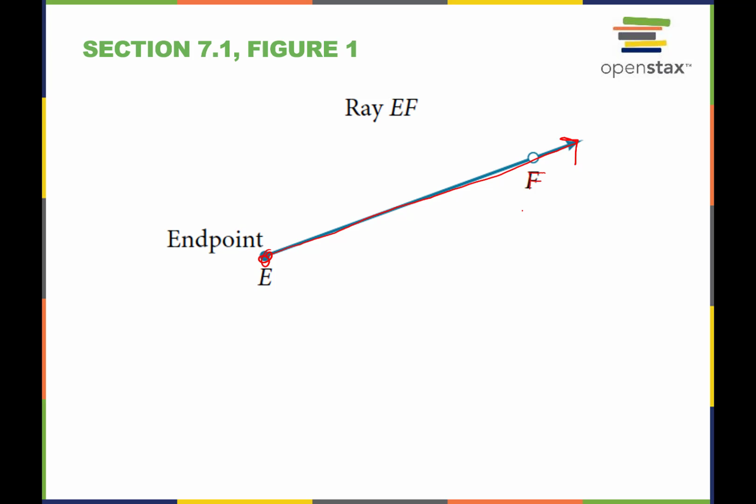Now, the order is important in which we write EF. If I say ray EF, that means I start here at E and I come out to F, drawing an arrow indicating that it goes on in that direction of F. If I wrote ray FE, then that means I would start at point F and draw my arrow out in the direction of E. A ray only should be going in one direction.